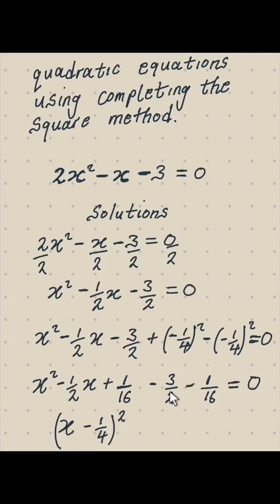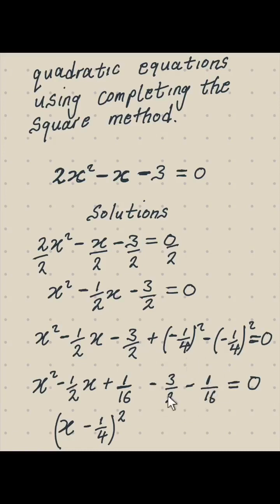Then let's add this to negative 3 over 2 minus 1 over 16. So we know that the common denominator will be 16. So in short, you are going to evaluate these two. These are just fractions.